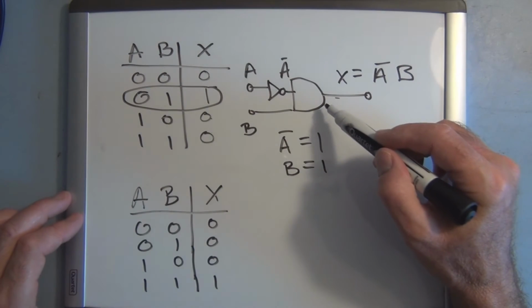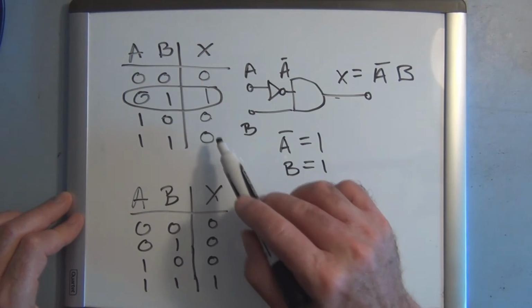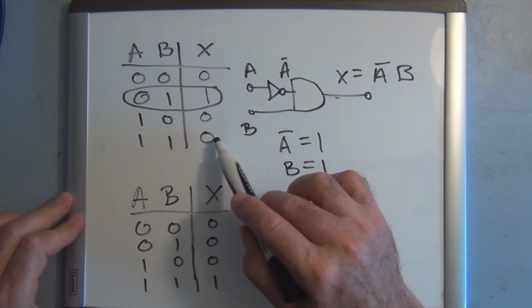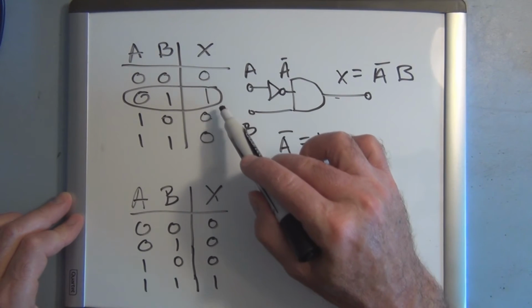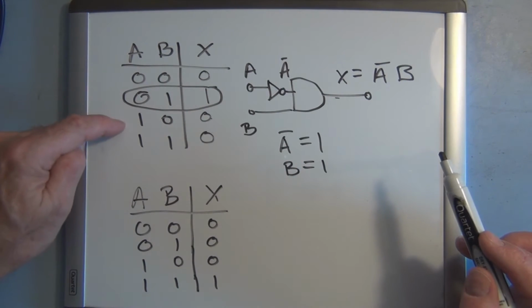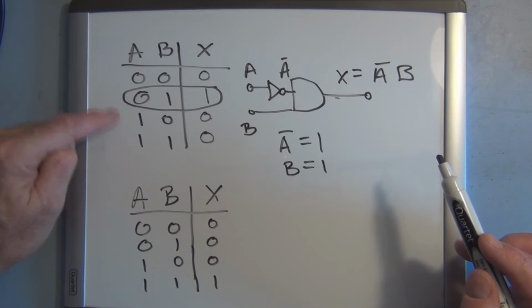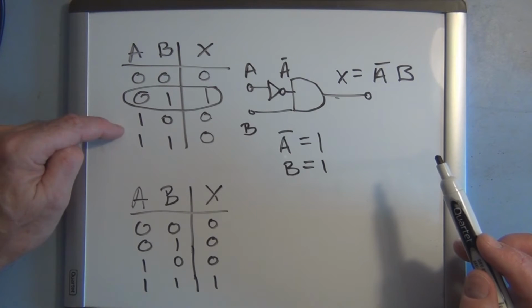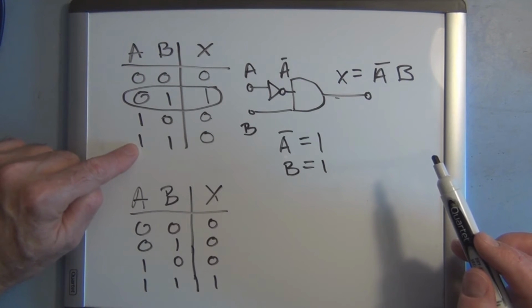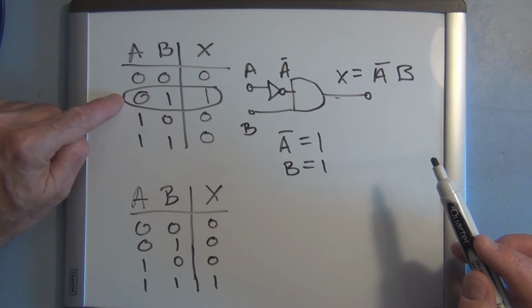So using just AND gates, we can produce a high output for each of these cases by inverting the appropriate input variable. If it's 1, we leave it alone, and if it's 0, we put an inverter on it.